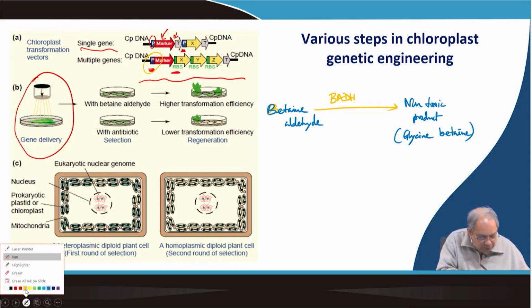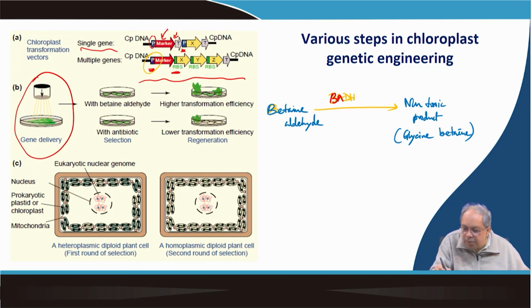So, the point is this: here this is the positive selection marker. The glycine betaine is utilized by the plant for its own nutrition, and betaine aldehyde dehydrogenase can be used as a positive selection marker, whereas AADA is basically a negative selection marker.